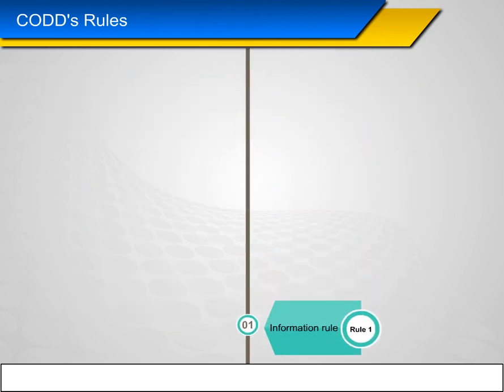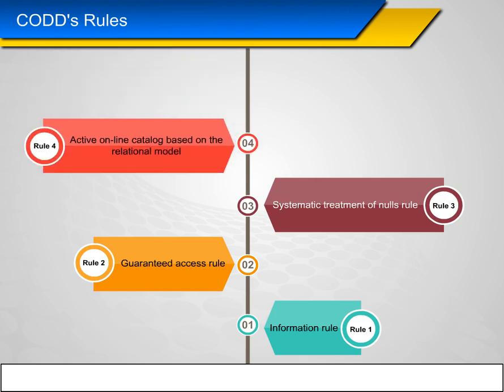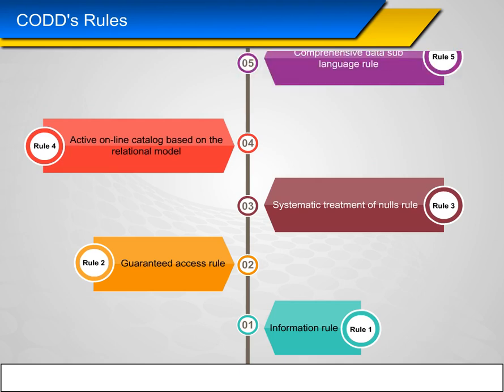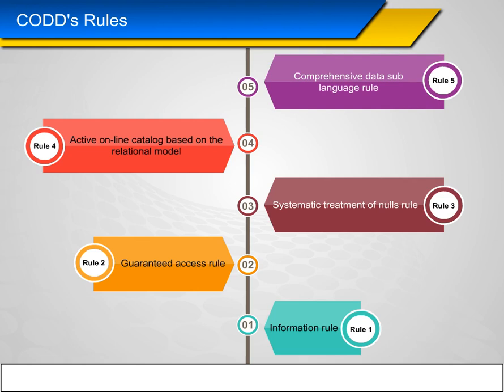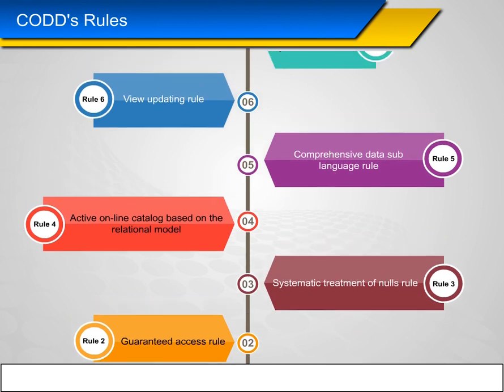Rule 1, Information Rule. Rule 2, Guaranteed Access Rule. Rule 3, Systematic Treatment of Nulls Rule. Rule 4, Active Online Catalog based on the relational model. Rule 5, Comprehensive Data Sub-Language Rule. Rule 6, View Updating Rule.